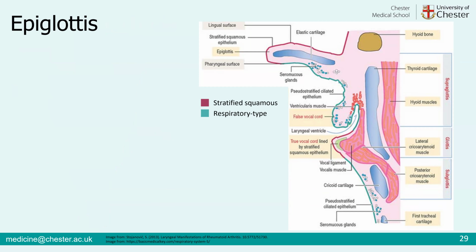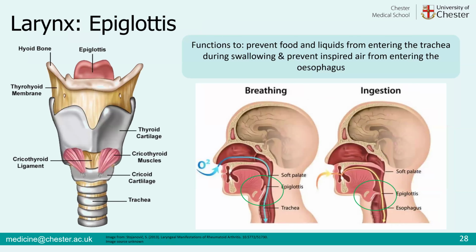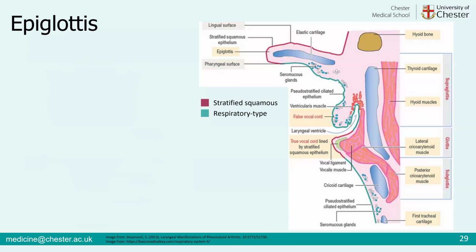So in terms of the epiglottis, we've got part of the epiglottis that's exposed to the oral cavity. So this side here, which we call the lingual surface. And then we have a surface that is exposed to the pharynx side. So of that one little flap itself, it actually has two different types of epithelium.